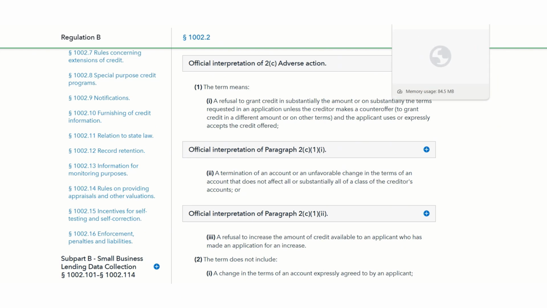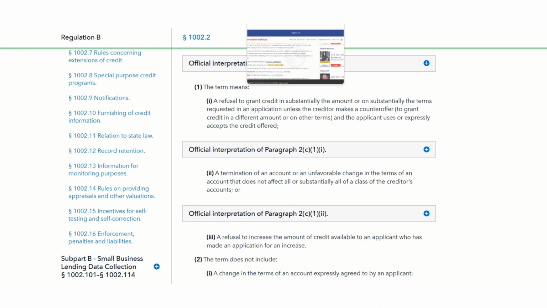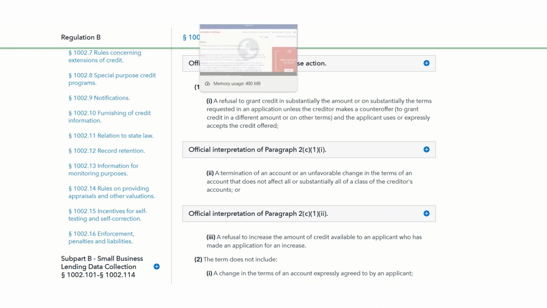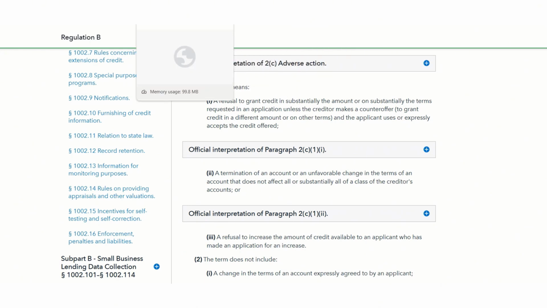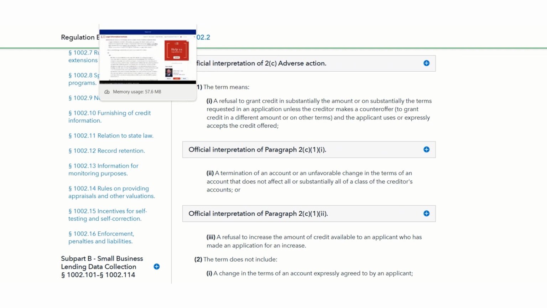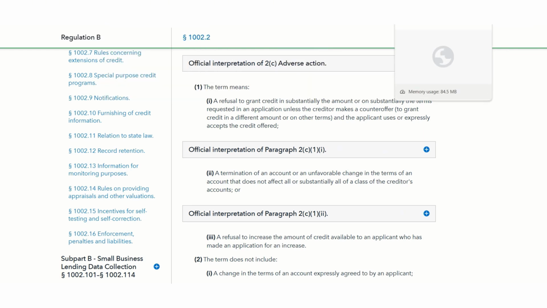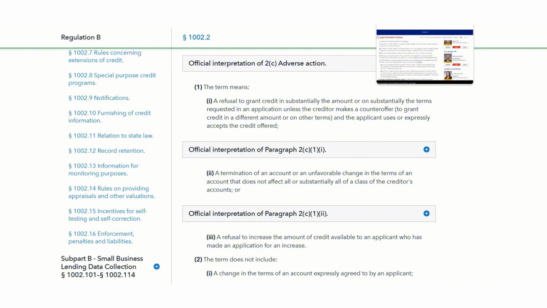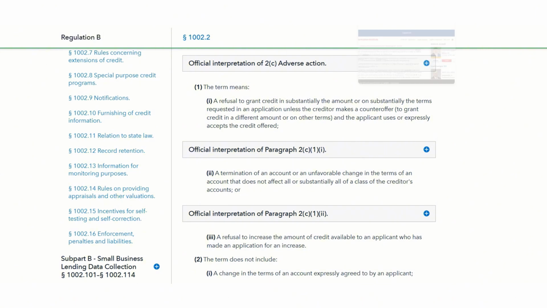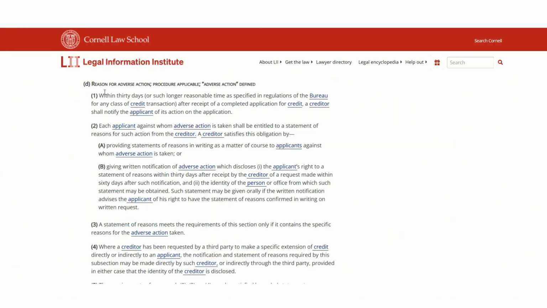So let's go to... where you at? Where you at? 1691, right? Reason for adverse action, procedure applicable, adverse action defined.